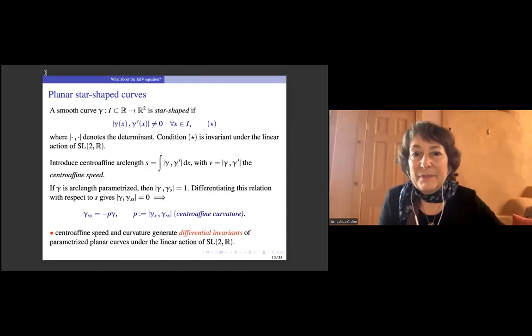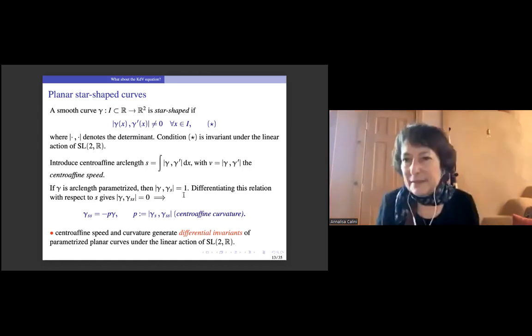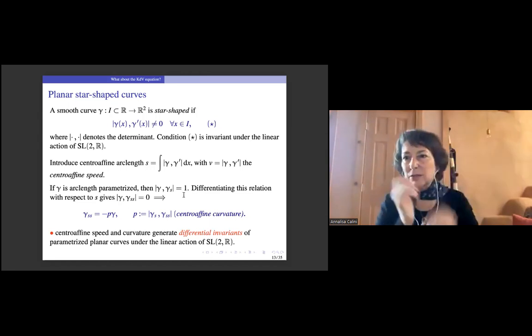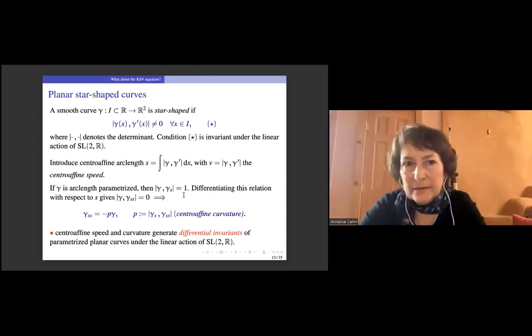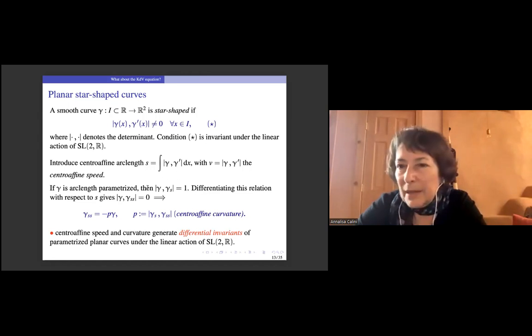If I reparameterize this curve in such a way that, for example, the determinant of gamma and gamma sub s is equal to 1, I will say that this curve is parameterized by centroaffine arc length. So this geometry is called centroaffine geometry. Now take a look at this condition for arc length parameterization.